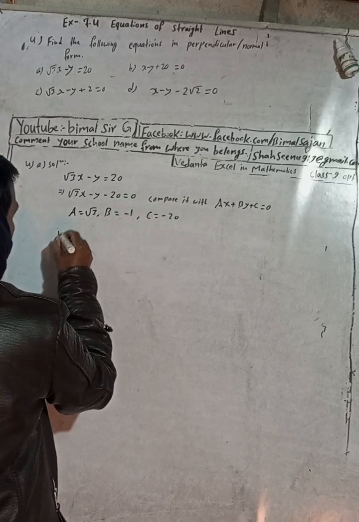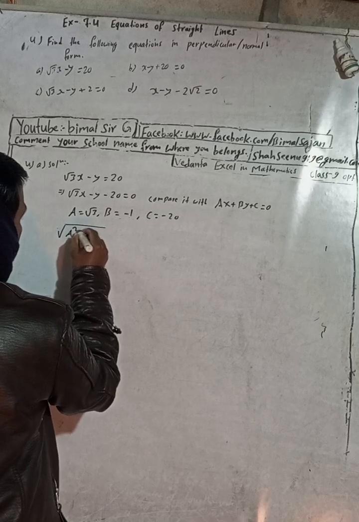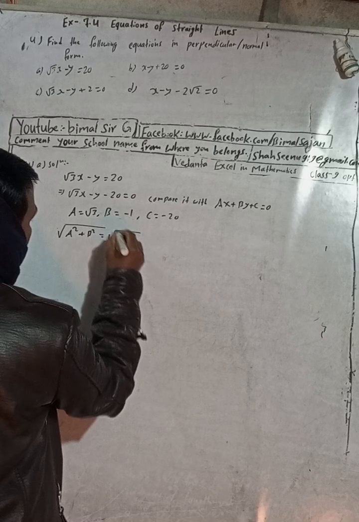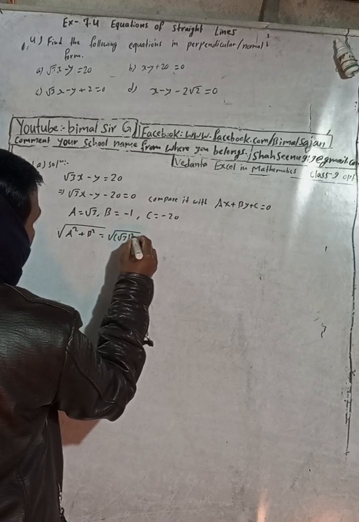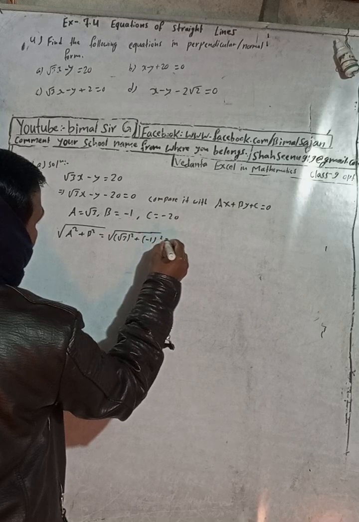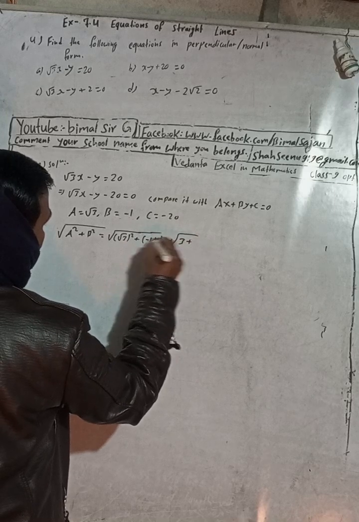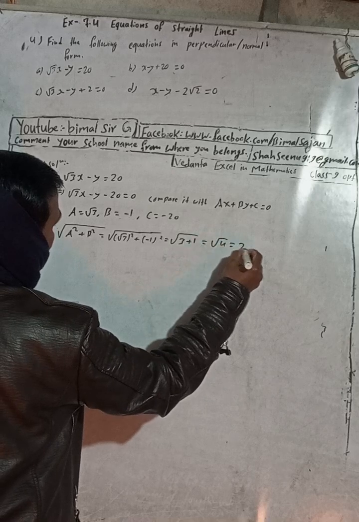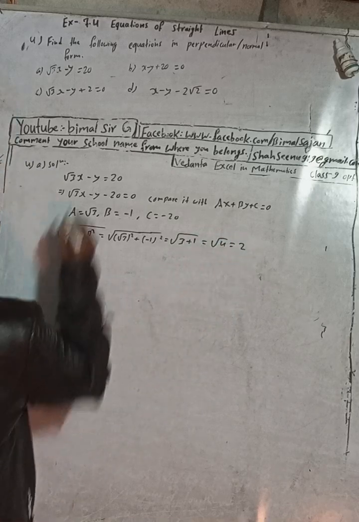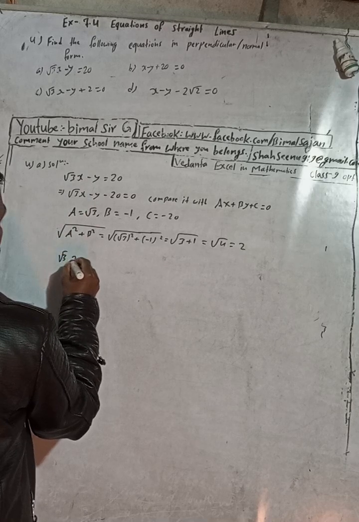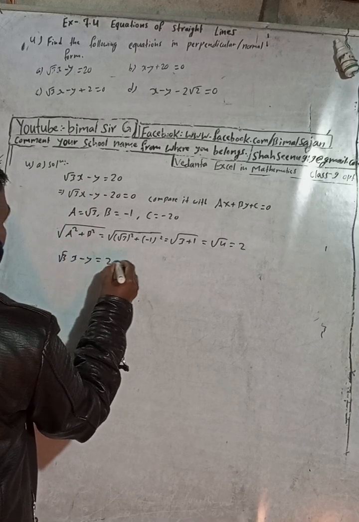Now find root under a square plus b square. So a square means this is root 3 whole square plus minus 1 square. So this is equal to 3 plus 1. So this is equal to root under 4, is equal to 2. Now rewrite this equation. This is here root 3x minus y is equal to 20.